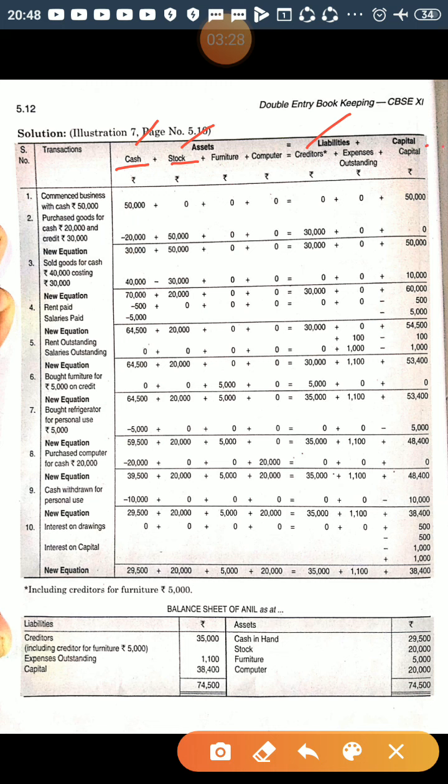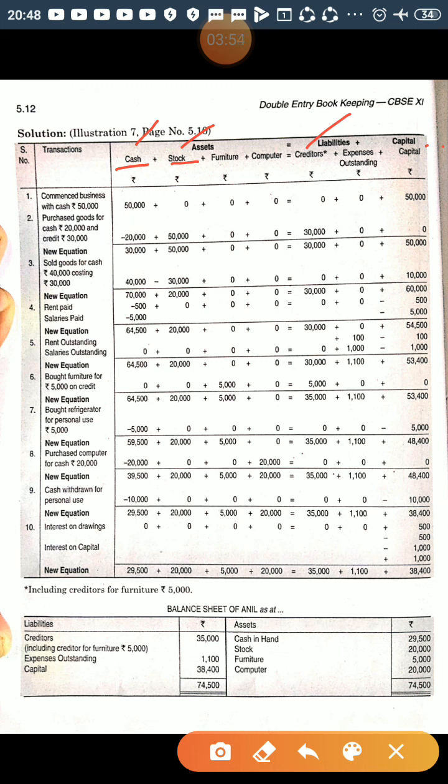Now next transaction, rent paid, salaries paid. Both are expenses, and cash and expenses are involved. Cash we have already written, and all the expenses should be deducted from the capital, so capital is also already written.